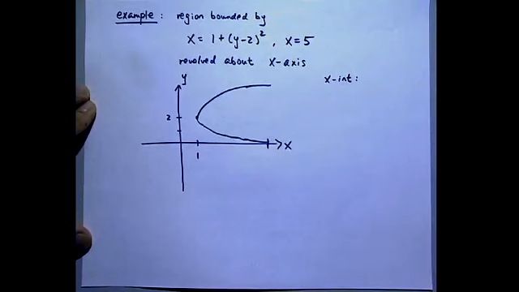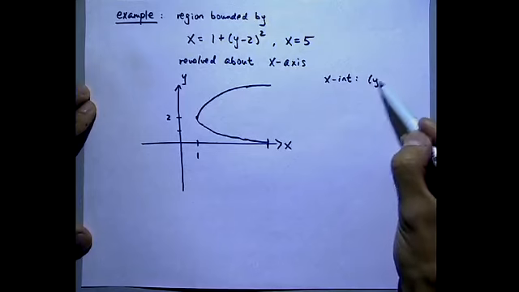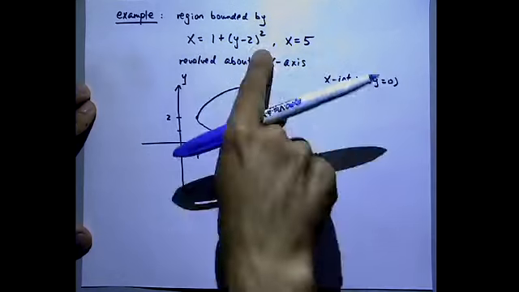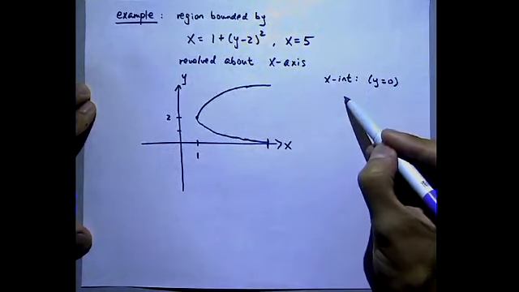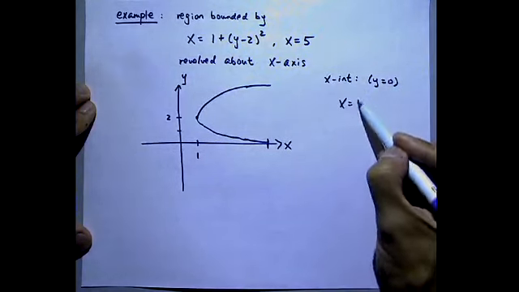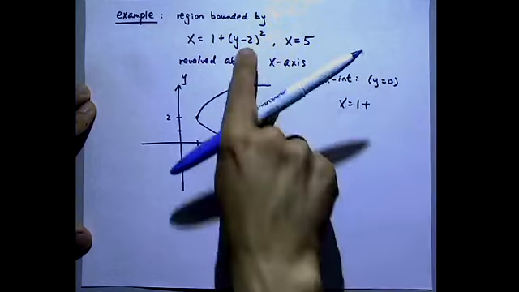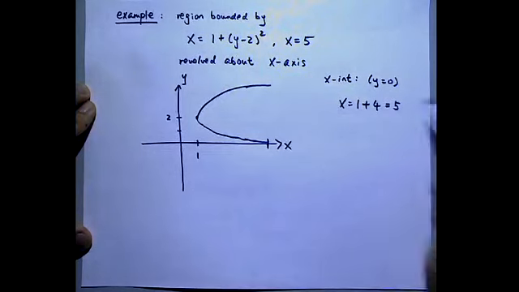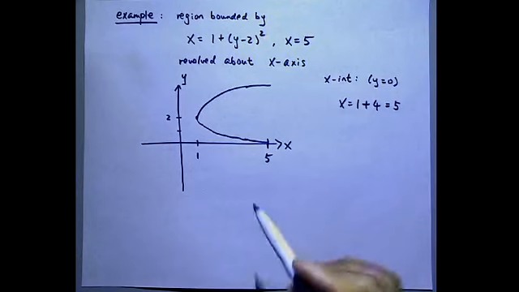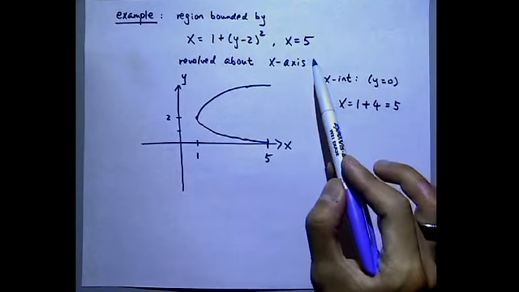And how do you find the x-intercept? Right, you set y equal to 0. So in this equation here, we get x equal to 1 plus 4, right? So 5. So the x-intercept happened to be where we bounded on the right.